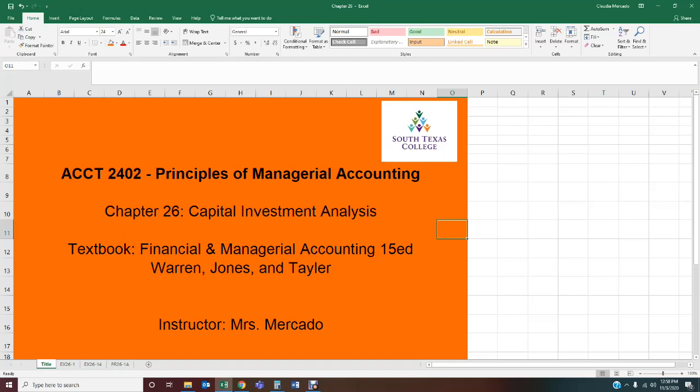So they need to make sure that they're making the best decision. So they need to analyze all of their information before determining what project to go with or what decision to make. There's several methods that are being explained in this chapter, such as the average rate of return method, the net present value method. So there's a lot of methods that are explained. Make sure that you read over that.